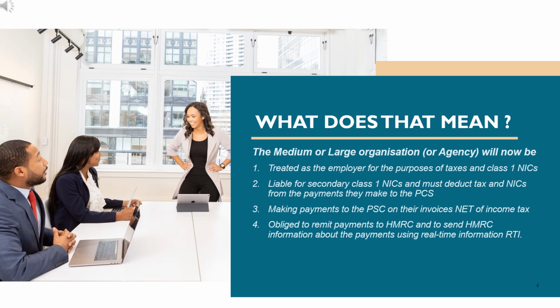So the payment that they make on your invoices will be net of income tax. That medium or large organization or even the agency will be obliged to remit payments to HMRC, and they have to do RTI submissions.